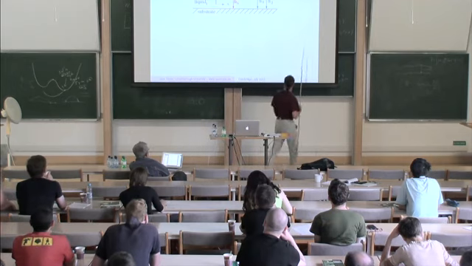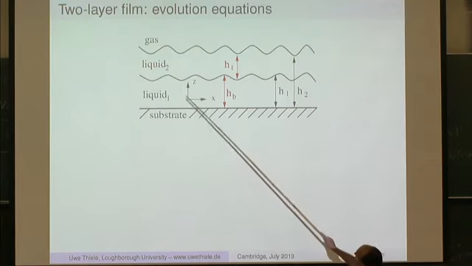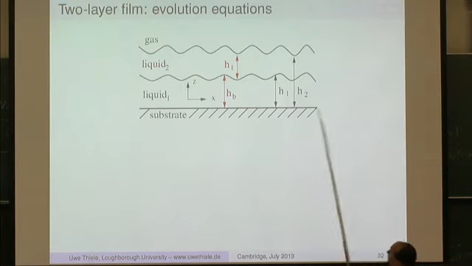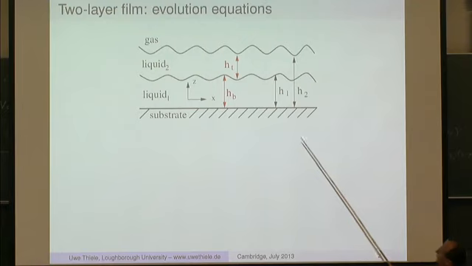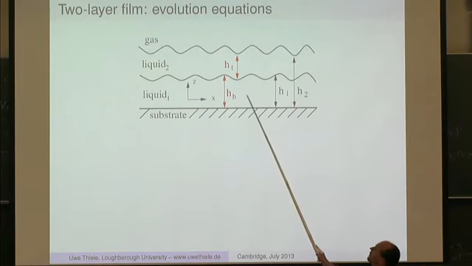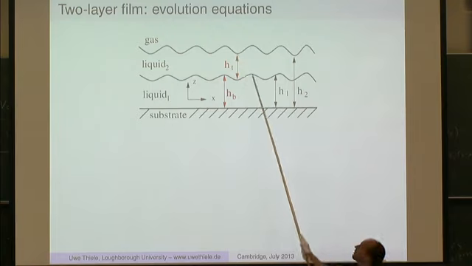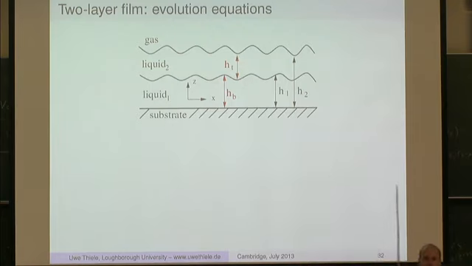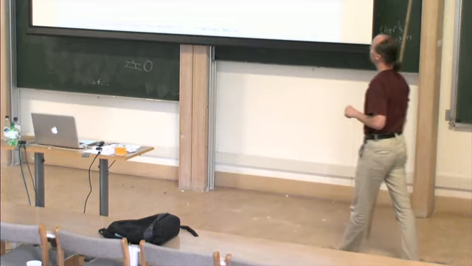Written a bit more formally, we now have a substrate, liquid 1, liquid 2, and a gas on top. What we can do, and what we also did some years ago, is take the full Navier-Stokes for layer 1, Navier-Stokes for layer 2, write down boundary conditions for the forces at the liquid-gas and liquid-liquid interfaces, assume no slip at the solid substrate, include wetting energies and so on, and do the full long-wave expansion.